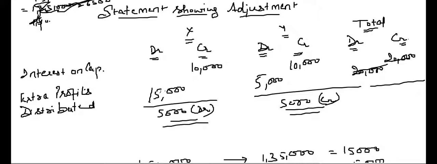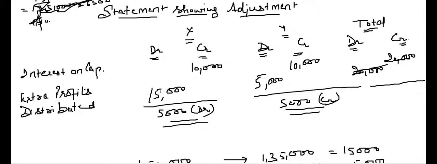Profits have been extra given. The firm will ask, give me back the profits. Okay, so X will pay back 15,000 and Y will pay back 5,000. Clear? Then calculate the net debit and credit effect. For X it is 5,000 debit because its debit is more than credit. For Y its credit is more than debit, so 5,000 credit.